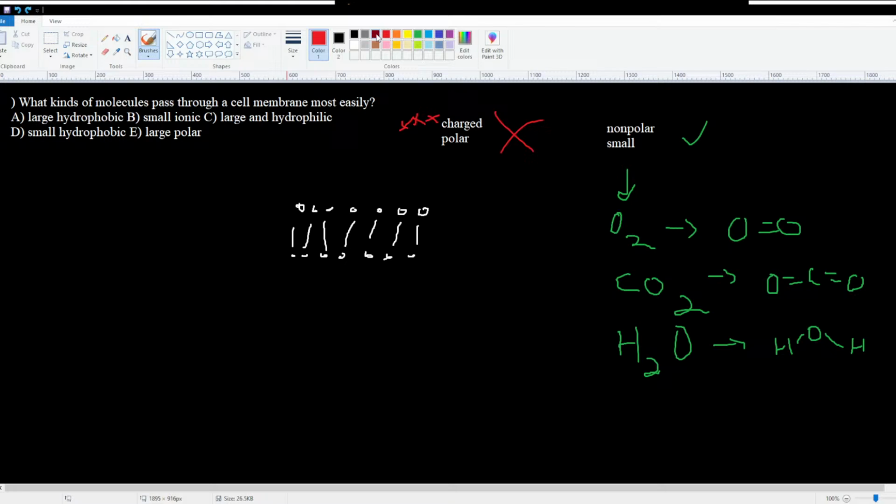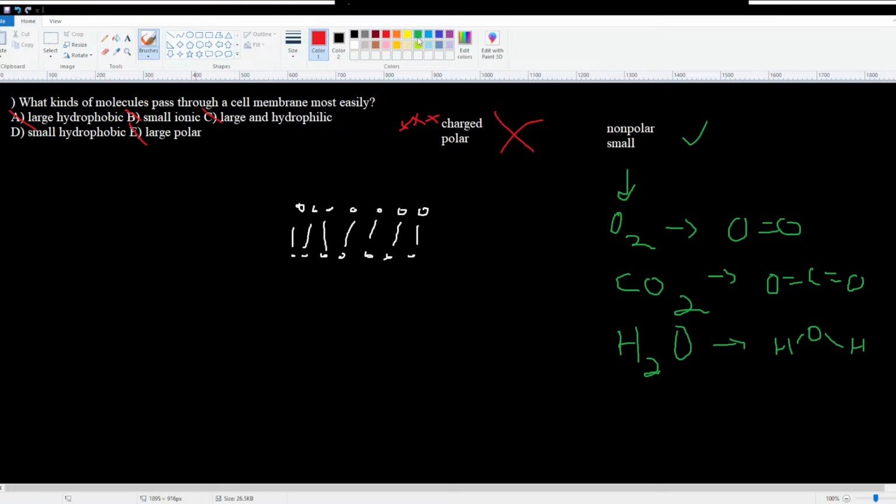So what does that leave us with? Large and hydrophobic, that's wrong. Small and hydrophobic, that one's right, but we'll get back to that. Small and ionic, as soon as something's ionic, it's just not going to go through, so that's also wrong. Large and hydrophilic is also wrong, and large and polar is also wrong.